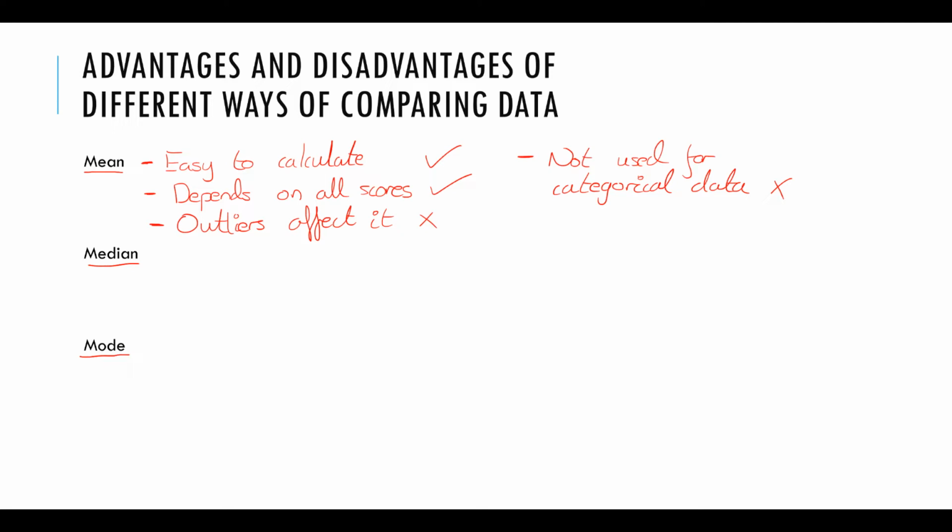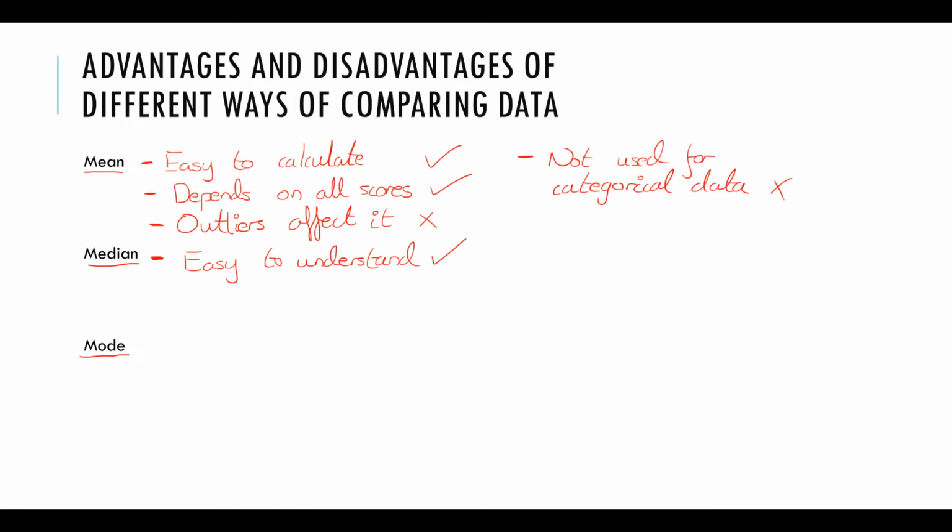The median, not necessarily easy to calculate because of that process where you have to find the middle, but actually it is easy to understand. So most people, when you tell them, oh, the middle score is this, and you're either above the middle or below the middle, they can work out what that means quite quickly. So that's helpful. The median, it does depend on all scores because you have to know how many scores there are and find the middle of it.